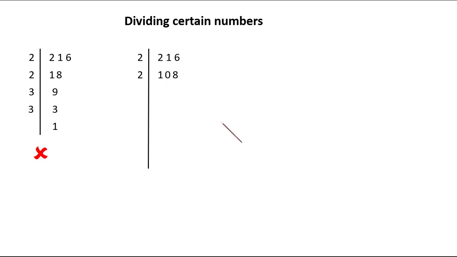Then we can proceed normally. 2 fives are 10, 2 fours are 8, then 2, 2 twos are 4, 2 sevens are 14, then 3, 3 nines are 27, 3, 3 threes are 9, 3, 3 ones are 3, and we get the right answer. So the takeaway over here is that we need to insert a 0 when it is required, because we always put 1 digit down, not more than it.